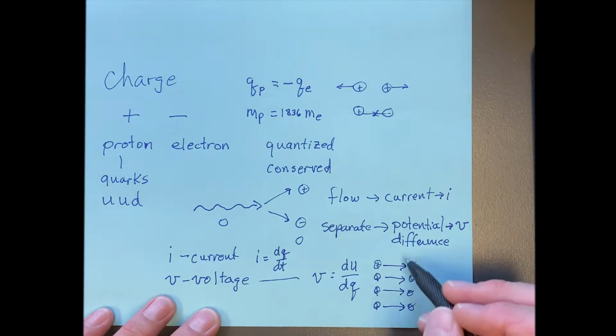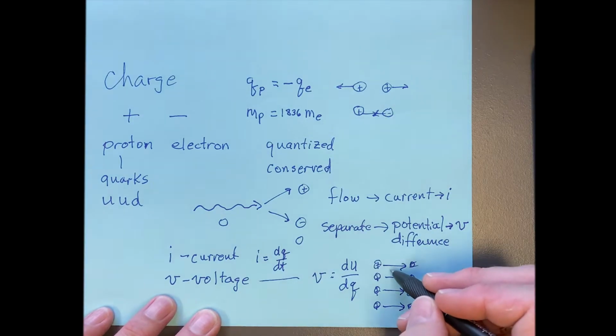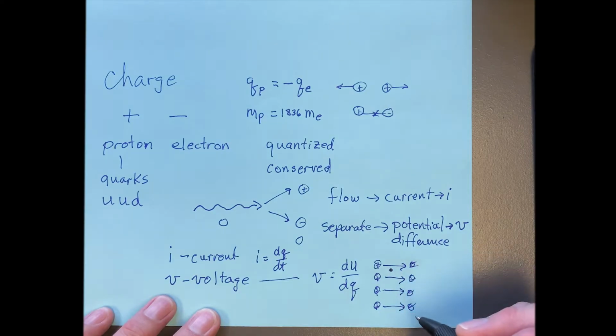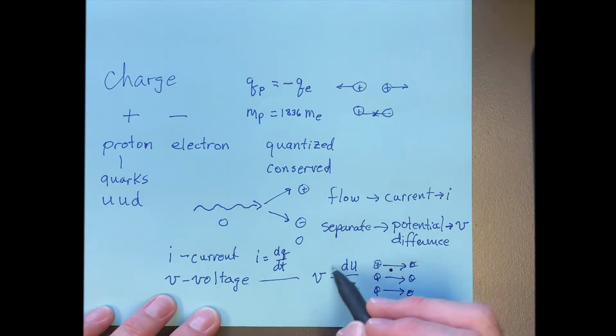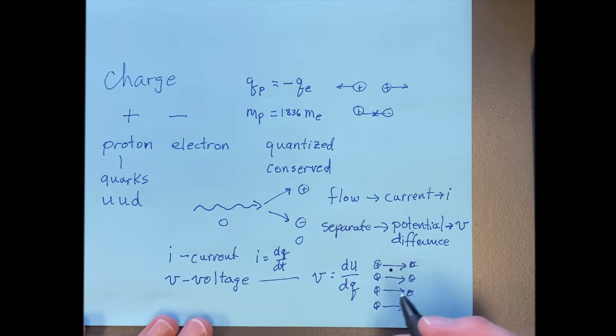Again, we'll learn more about this as time goes by. If you take another charge, let's say you put a charge right there, then that's going to be affected by this field. The amount of energy that it takes to move that is related to this, okay? Like I said, we'll talk more about that when we get there. I just wanted to introduce the very idea to you, all right?